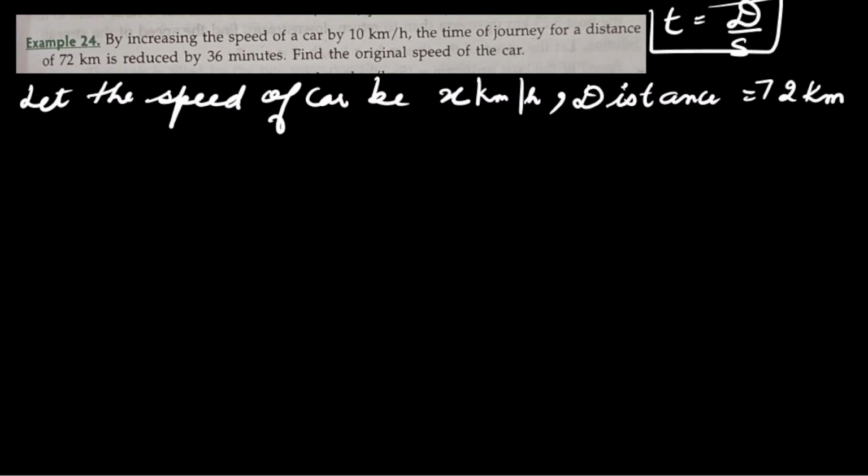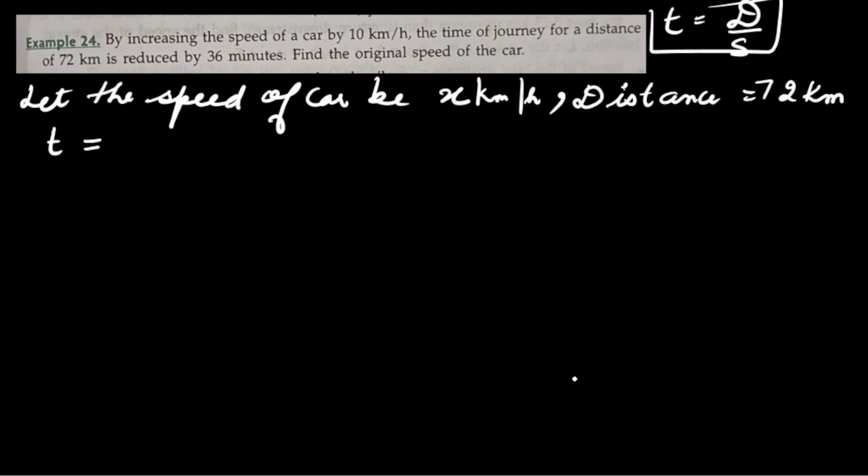One thing they have mentioned: if we increase the speed of the car, the increased speed is x plus 10. For both we will write, first of all, what will be the time, because the time difference is given to us. If you are increasing the speed, you will reach a place 36 minutes before.